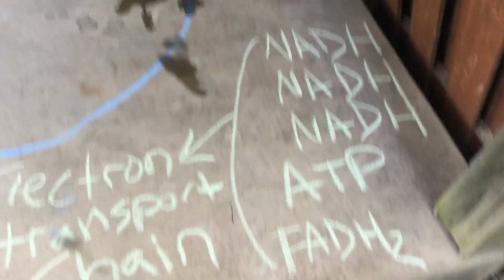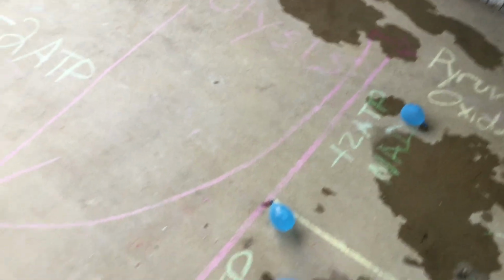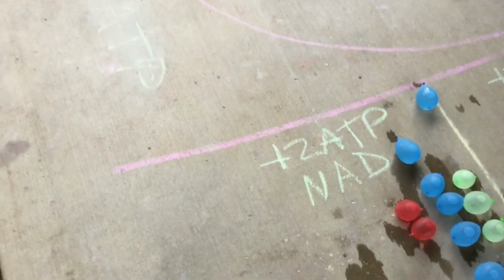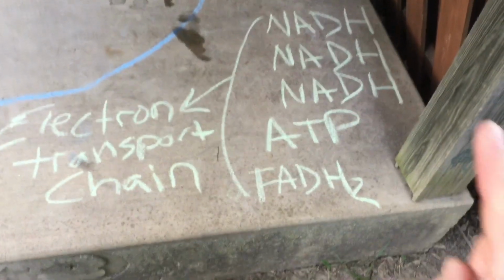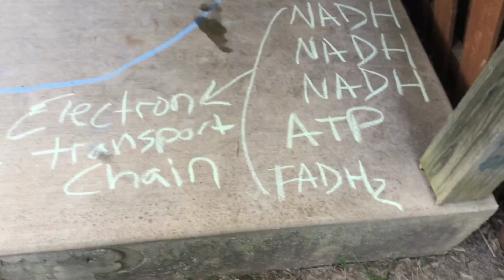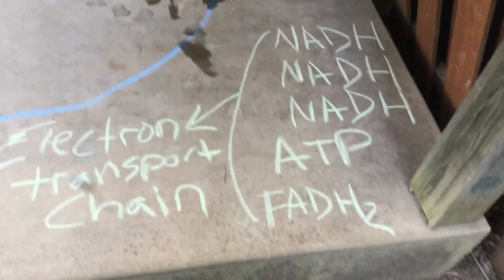So let's count our ATPs so far. Minus 2, plus 2, that's 0, and plus 2, so we have 2. When we come over here, remember everything on this side of the yellow line we double, so that's 2 ATPs there, which gives us 4, so we're at 34.